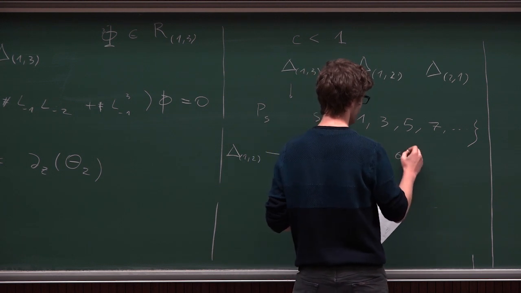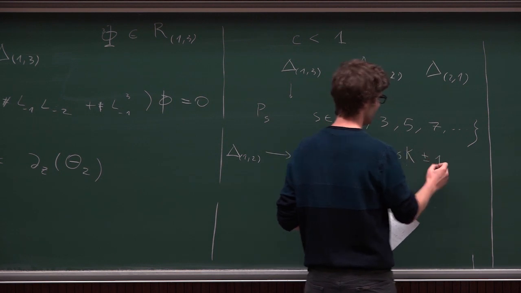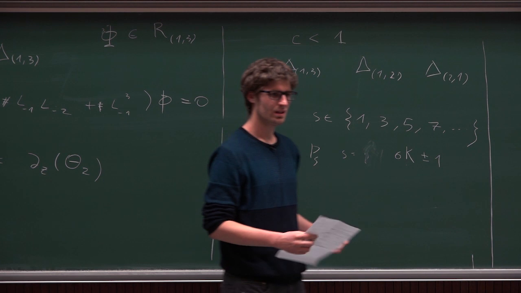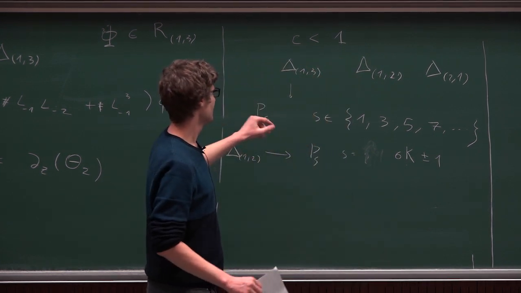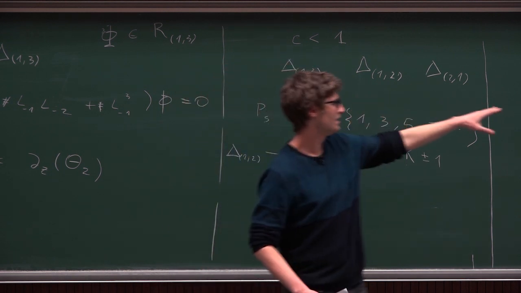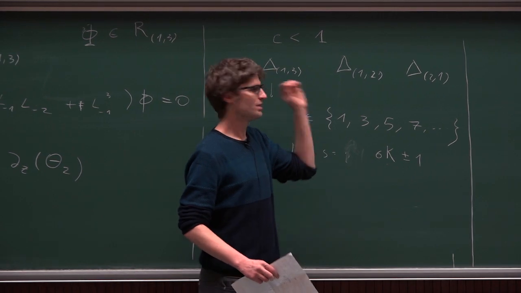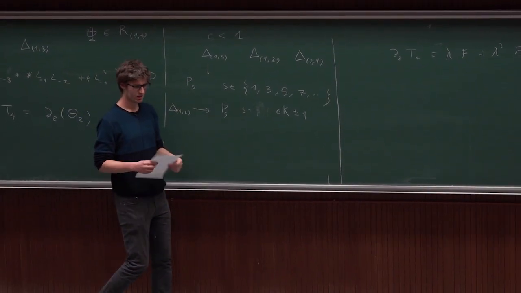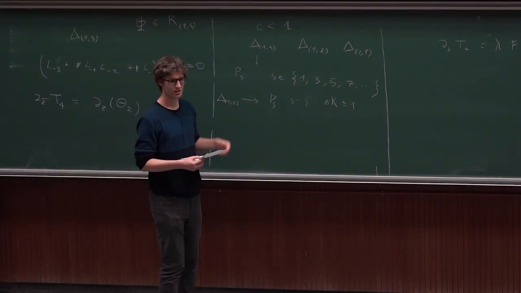It will be 6 times k plus minus 1. That's the pattern. Well, it's starting from 1. Yeah, so my notation is that it is T_{s+1}, and it gives you the current P_s. So T4 gives you the current P3. That is the dimension of the charge.